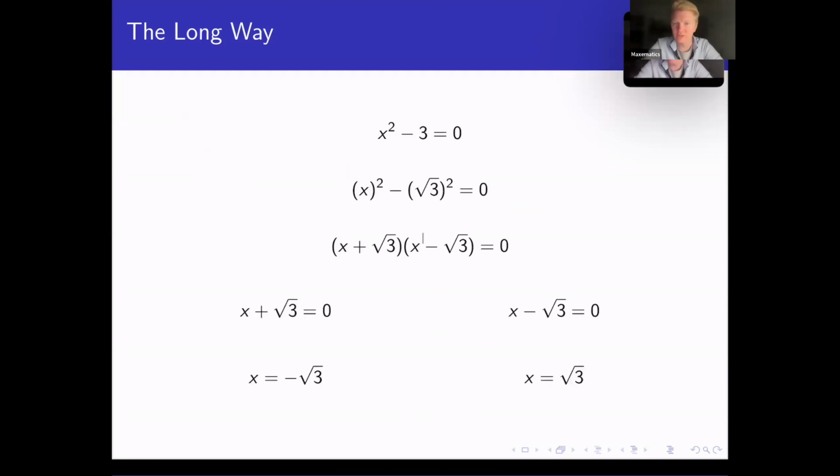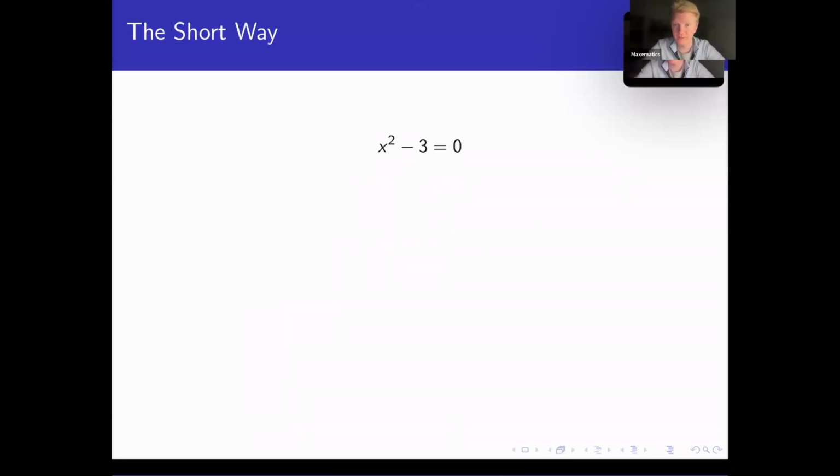You set each factor equal to 0, and you get x equals positive square root of 3 and x equals negative square root of 3. But this is really uncomfortable because this isn't nice. Saying that 3 is the square root of 3 squared and having to factor it that way is not very helpful. So here's where the square root property comes in.